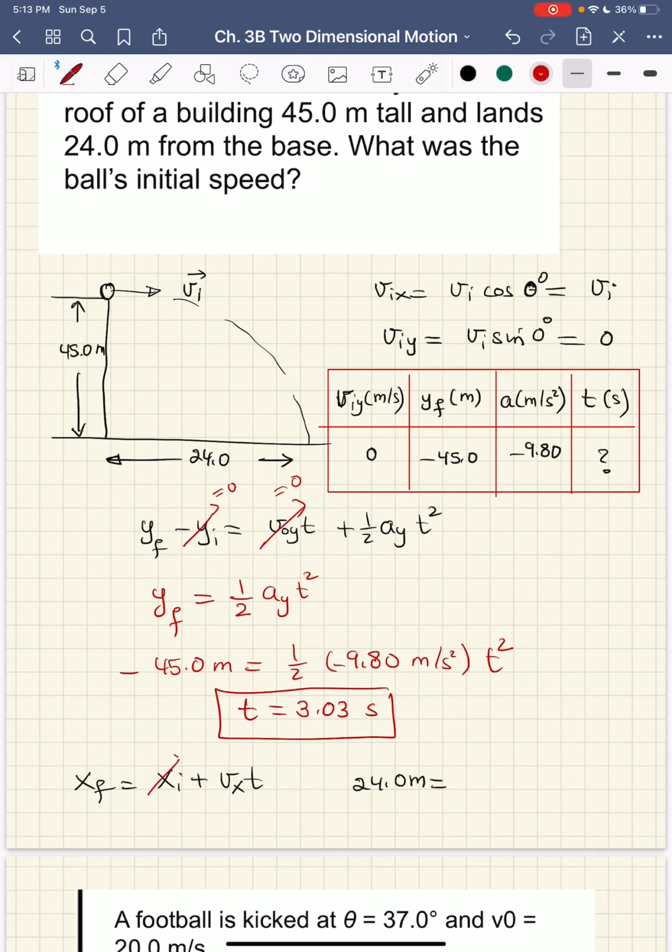This one is 0, and Vx is the unknown times the time, which is 3.03 seconds, and then Vx is 24 divided by 3.03. Then Vx is 7.92 meters per second.